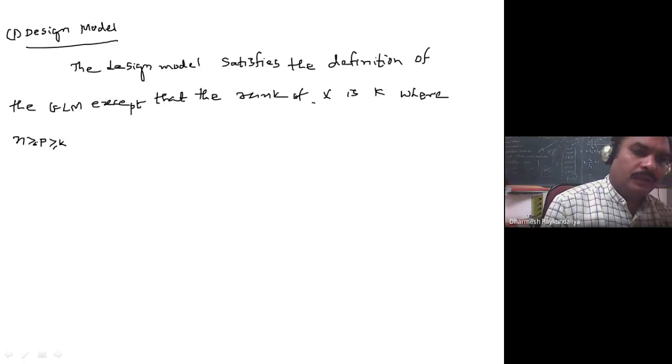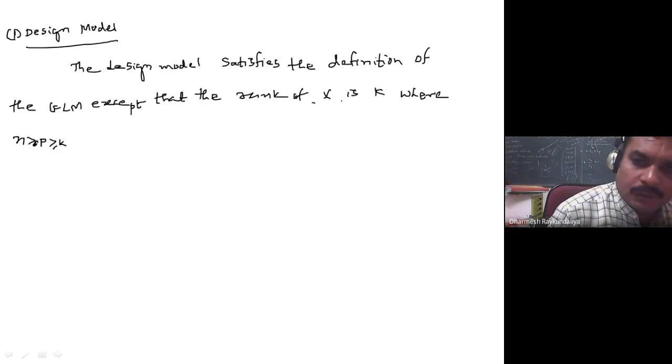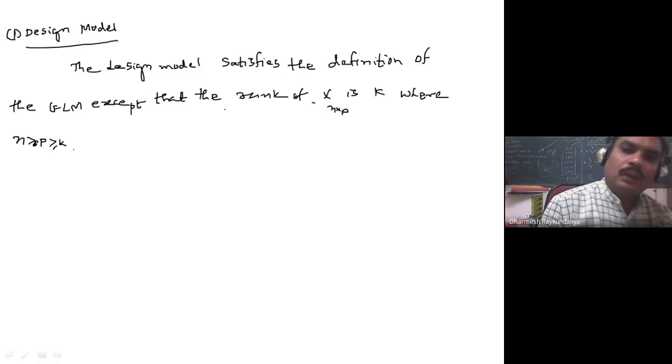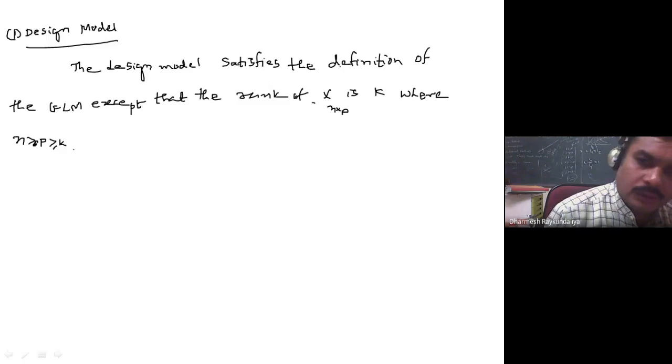P is the total number of variables in our study, but when you find the rank of the matrix x, which is of order n cross p, it should have a rank k. Rest of the assumptions are the same. Y is observable, x is observable, but it is not random. The rank of x is equal to k. Epsilons are unobservable random variables whose expected value is 0 and variance covariance matrix is sigma.